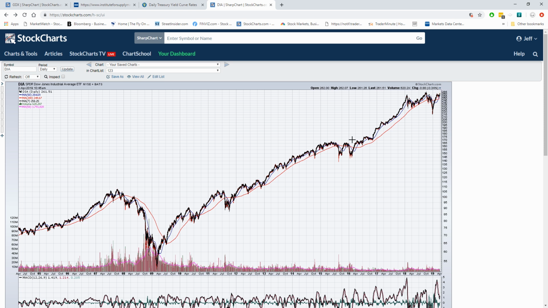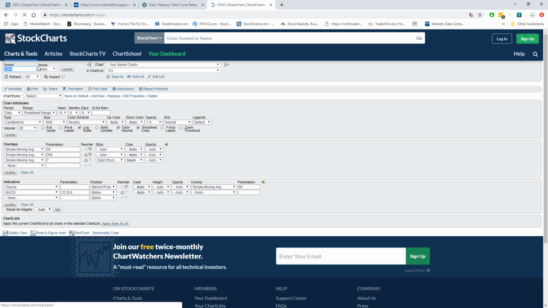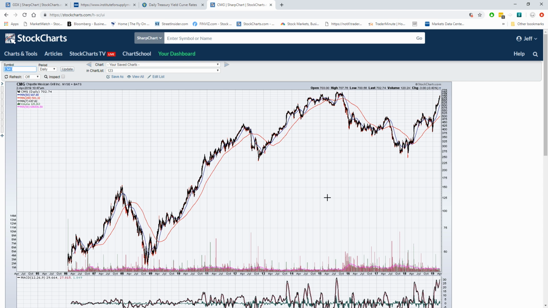Now, when I see something like this, I go, okay, what is causing it, and is there validity in what's causing it? And if there is, okay, great. I can change and look at things a little bit differently. We saw this happen with Chipotle Mexican Grill.